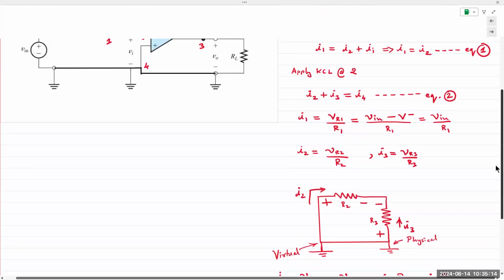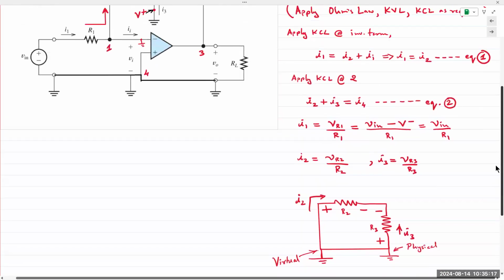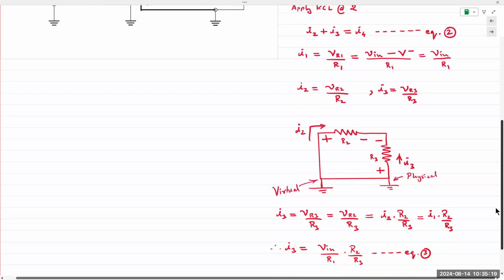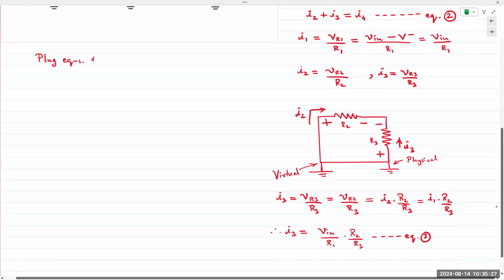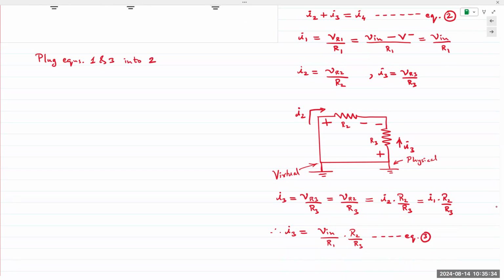So we take equations 1 and 3 and plug it into equation 2. Okay. So plug equations 1 and 3 into 2.